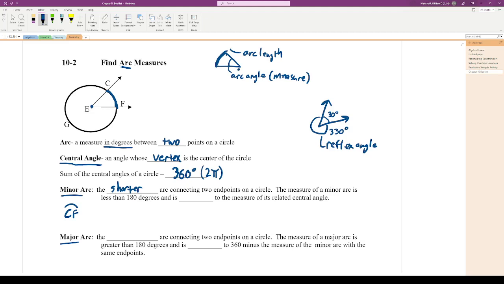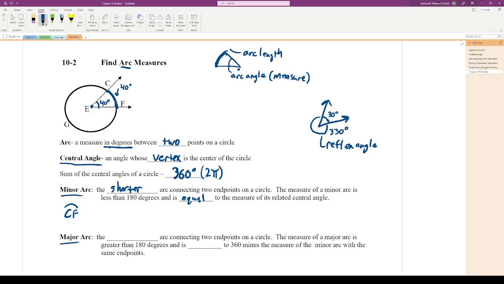The measure of a minor arc is always less than 180, just like our angle measures for normal angles that are outside of a circle. And it is equal to the measure of its central angle. So measuring the arc out here as 40 degrees or the central angle as 40 degrees, they're the same measurement, meaning the radius doesn't matter.